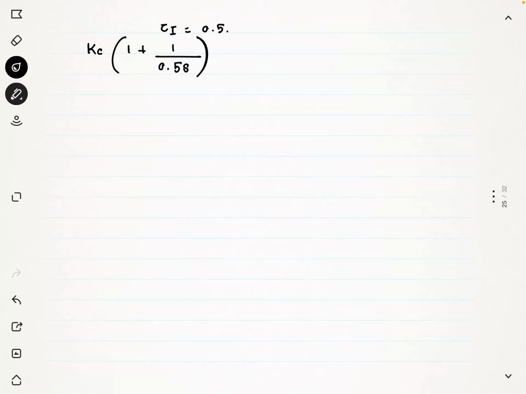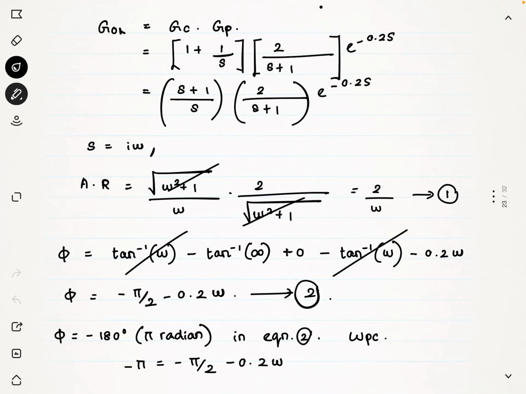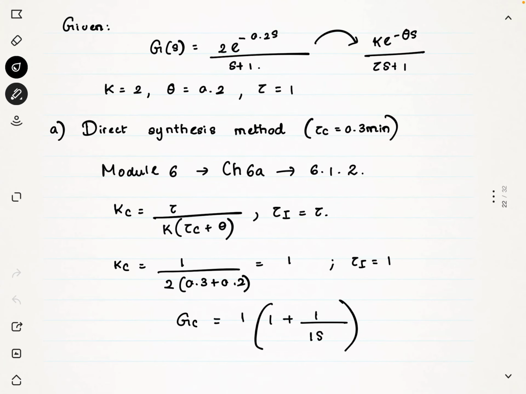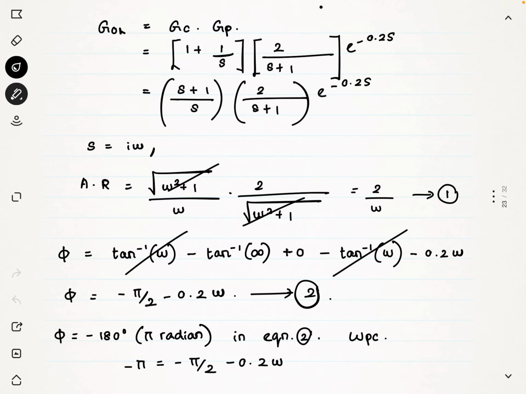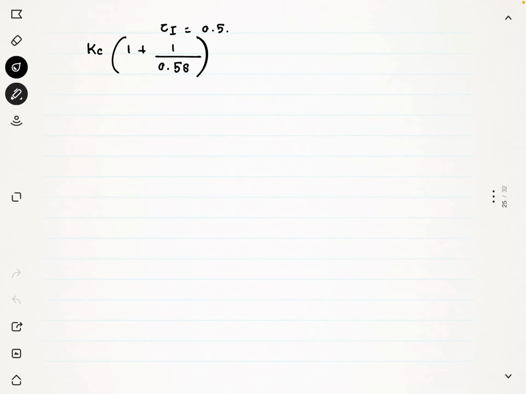And we have been given the process transfer function in the question. That is 2 by S plus 1 into e power minus 0.2 S. So this will be our open loop transfer function now.